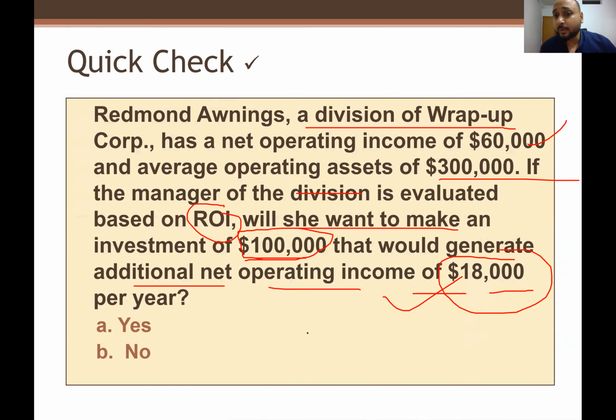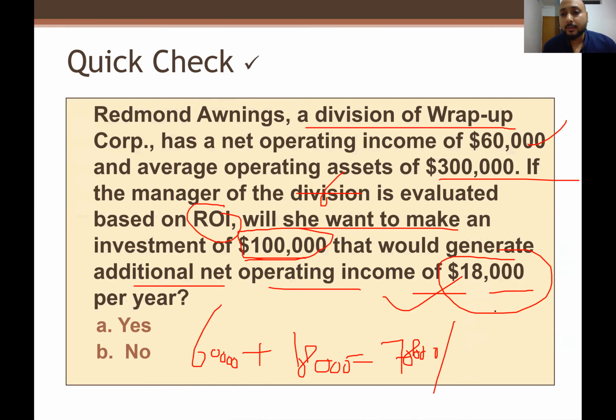So how are we going to solve it? If they invest it, their net operating income is going to be 60,000 plus 18,000. Answer is 78,000. And their net average operating assets are 300,000 plus 100,000.